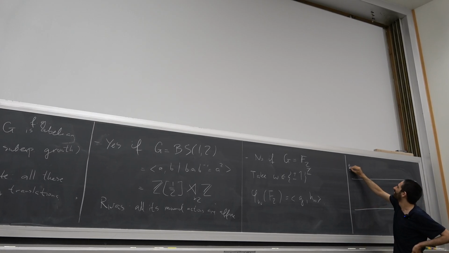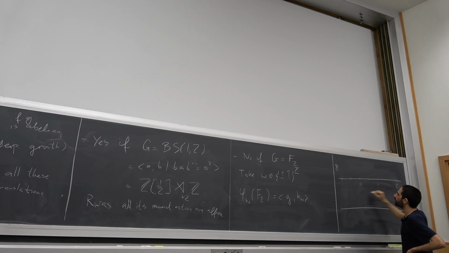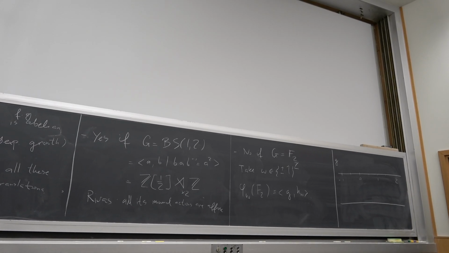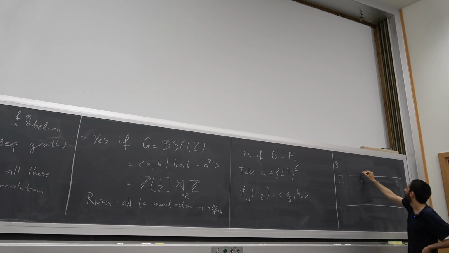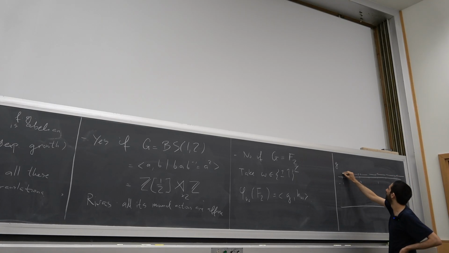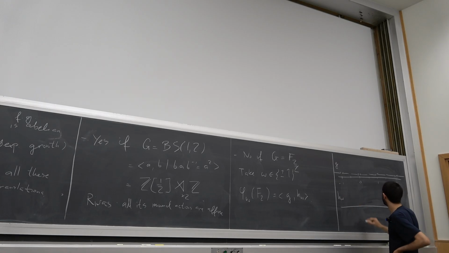The first one is called G, and it does not depend on omega. I'm going to put fixed points here. I'm going to declare these fixed points to be attracting and repelling alternately. H omega will have fixed points that intertwine with those of G.